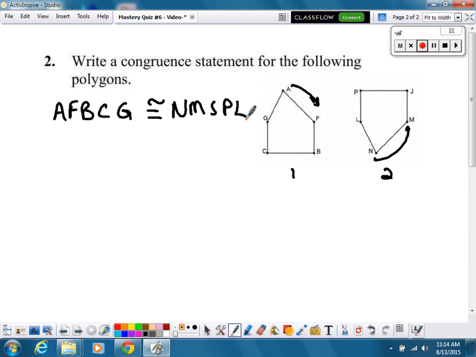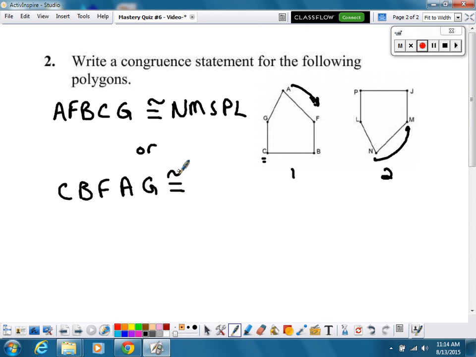Now, is that the only correct statement? Absolutely not. I can start wherever, in any order I'd like to. In other words, I could have started with the C at the bottom of the first one. What if I started with the C here? And then I went over to the B, and then over to the F, and then up to the A, and then to the G. Okay, that would have to be congruent to?